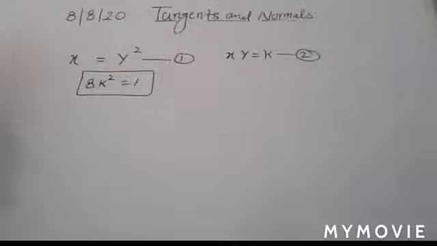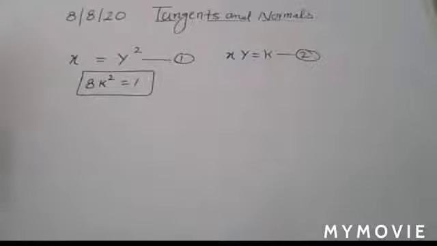So the derivative means what? That gives the slope of tangent. If the product of the slopes of tangents for these two curves at the point of intersection is equal to -1, then you can say that the given two curves intersect at right angle.